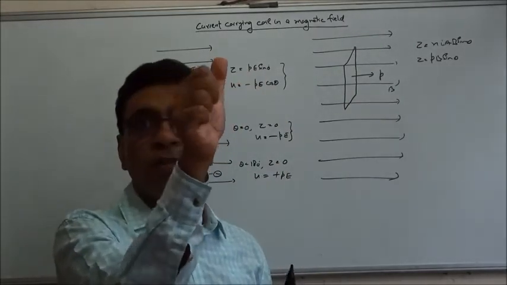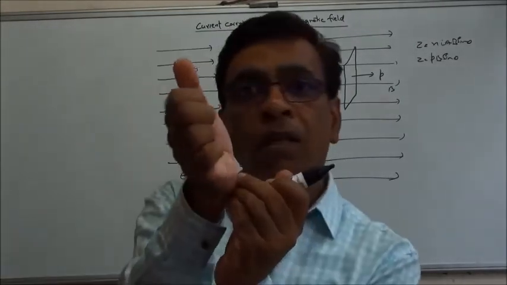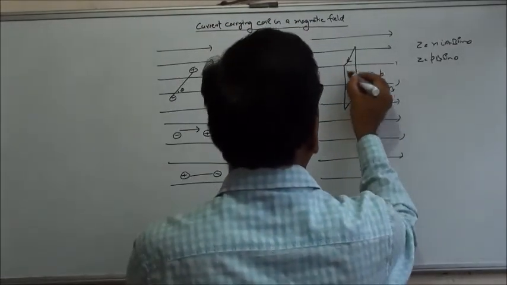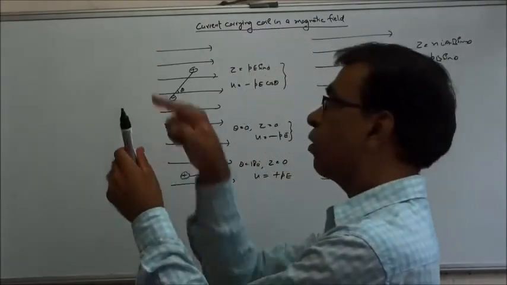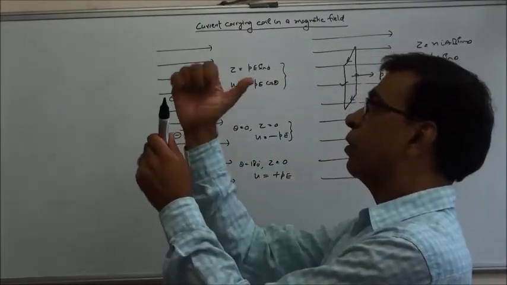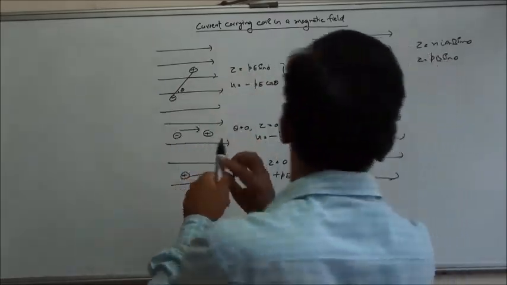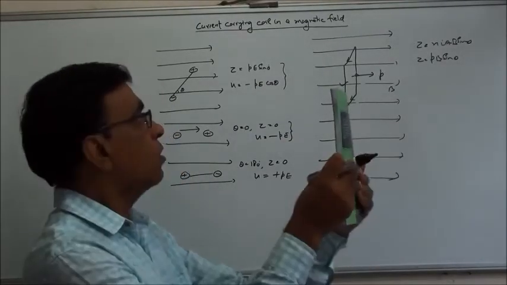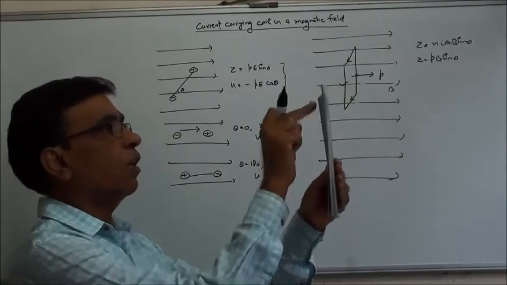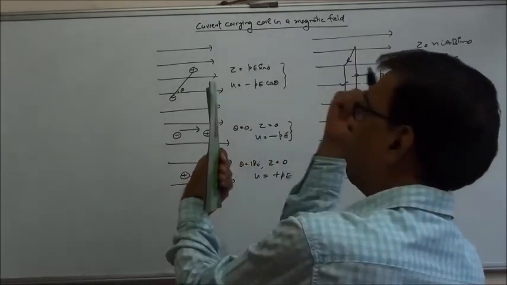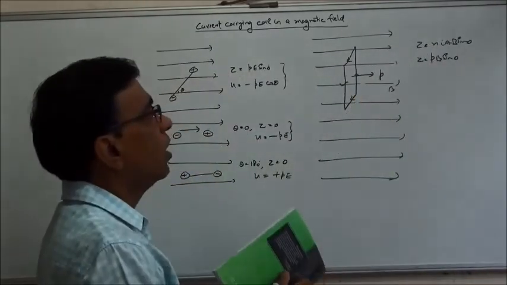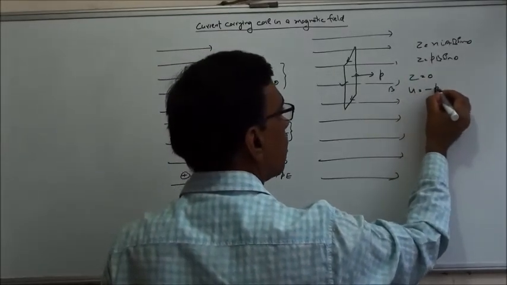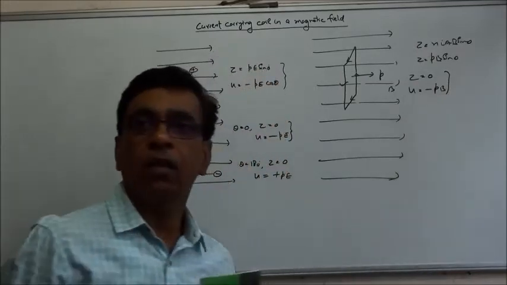If we turn our fingers in the direction of current, the thumb gives the direction of dipole moment. So from this side, if this is the coil, current is flowing like this. So P will be like this. So the plane is perpendicular. This is the situation and the current is coming like this. So if the current is coming like this, dipole moment is in this direction. So theta is 0. So torque is 0. U is minus PB. Stable equilibrium.